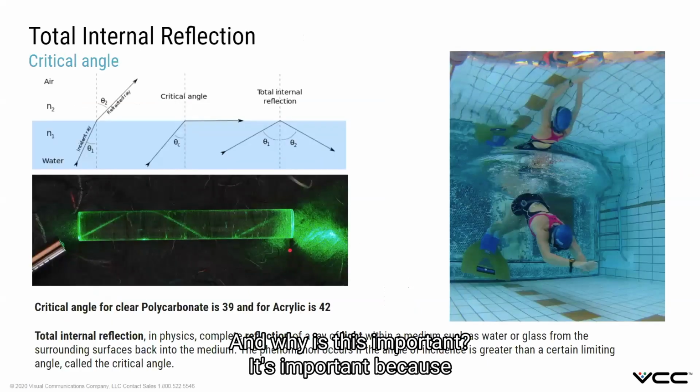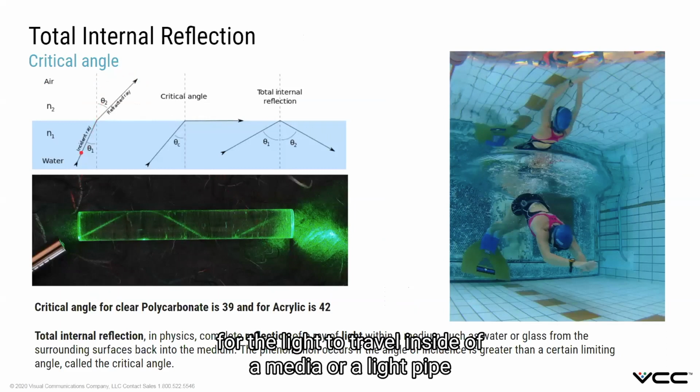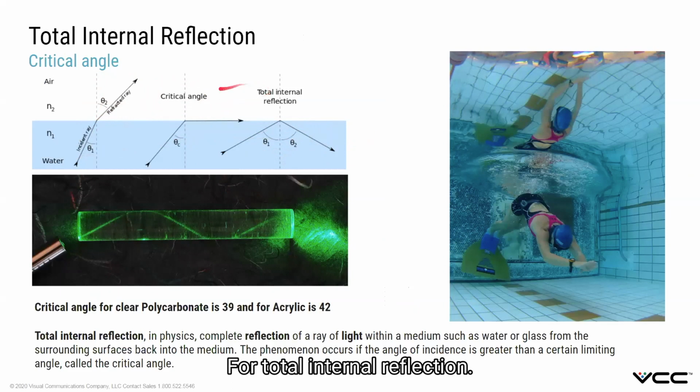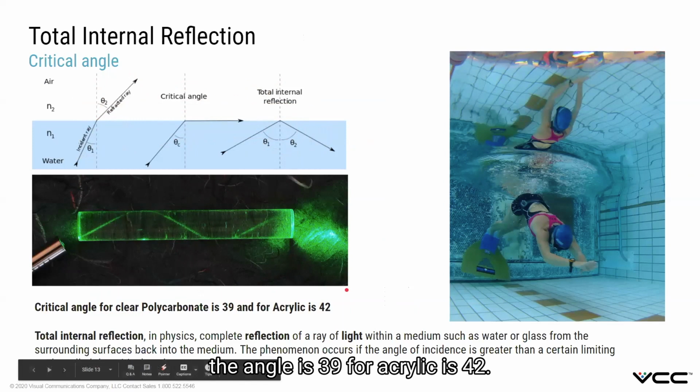And why is this important? Because for the light to travel inside a media or a light pipe, we need to make sure that we use this critical angle for total internal reflection. Just to give an idea, for polycarbonate, the angle is 39, and for acrylic it's 42. What does it mean?